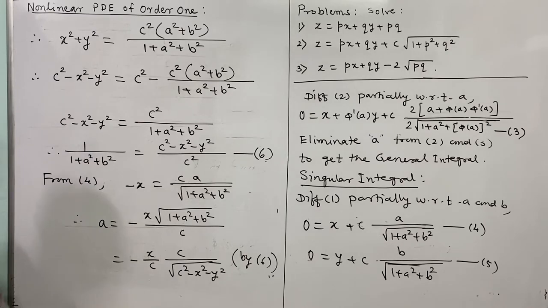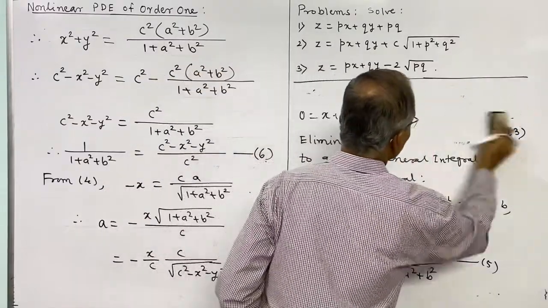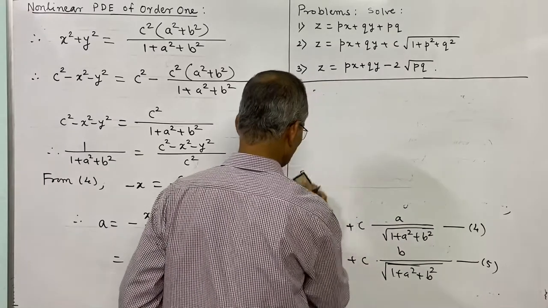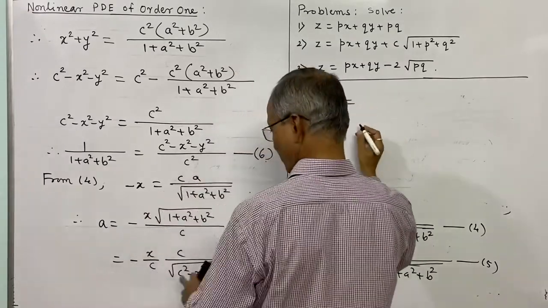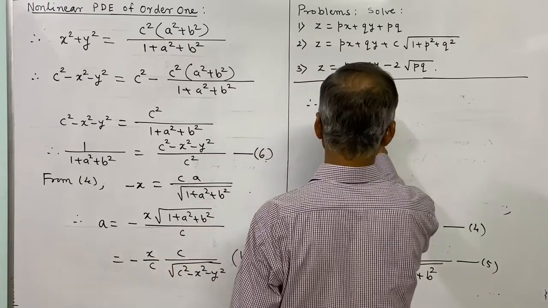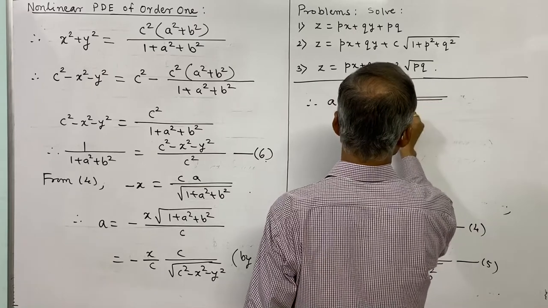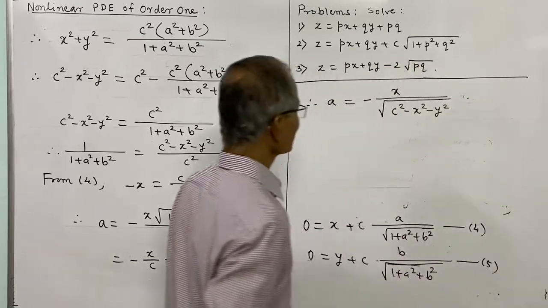We have done, and this c term cancels, and what we get is a is equal to minus x divided by root of c square minus x square minus y square. Thus we have obtained a.